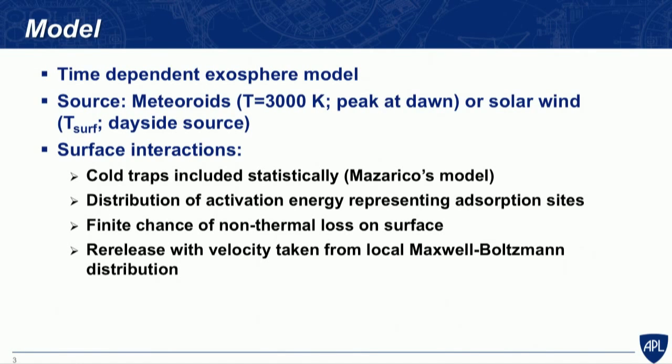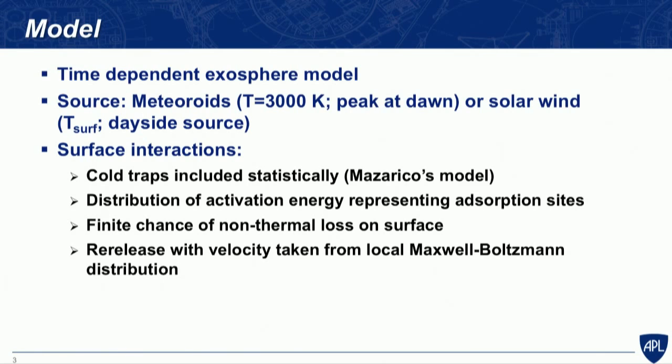I also model a solar wind source, where it's a dayside source, and the temperature is at the surface temperature, so we're assuming it's a chemical sputtering. And in the model, I use the cold traps to permanently trap any water that gets to them, and they're added in statistically, just using the fractional area of the cold traps as a function of latitude from Erwin Mazurico.